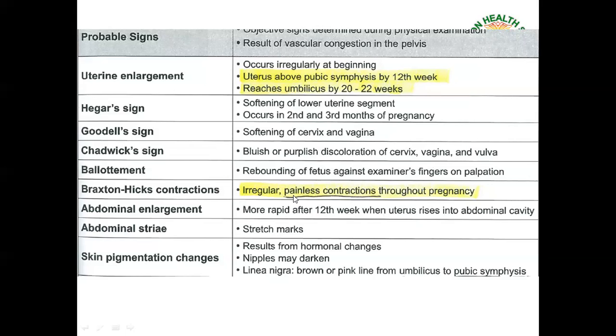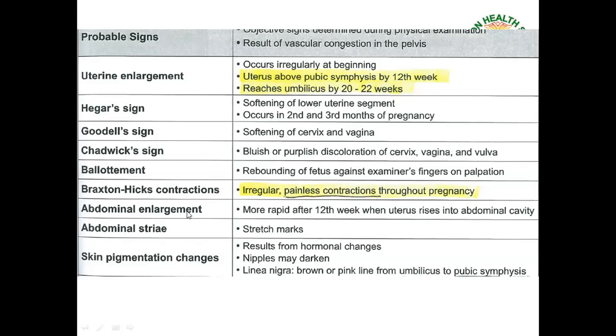So irregular, painless contractions throughout the pregnancy are called Braxton Hicks contractions. These Braxton Hicks contractions are irregular and painless, right? And these contractions occur throughout the pregnancy. And definitely this is a probable sign of pregnancy.